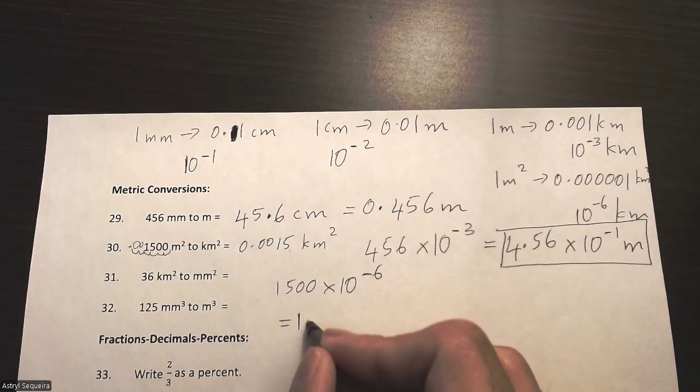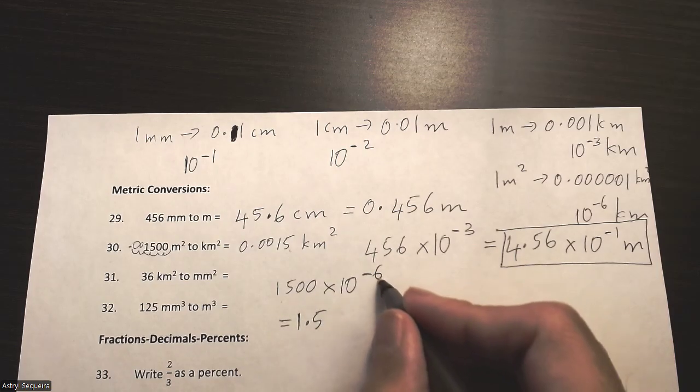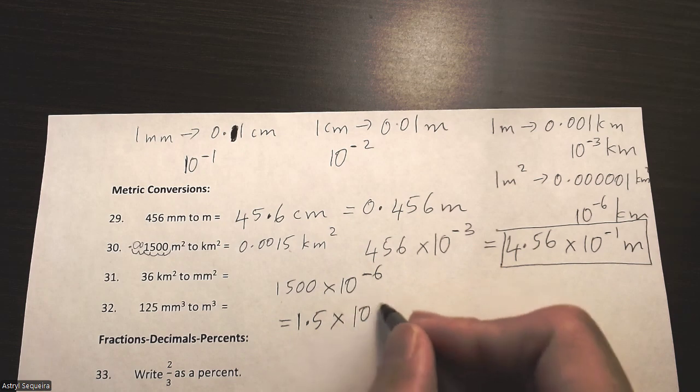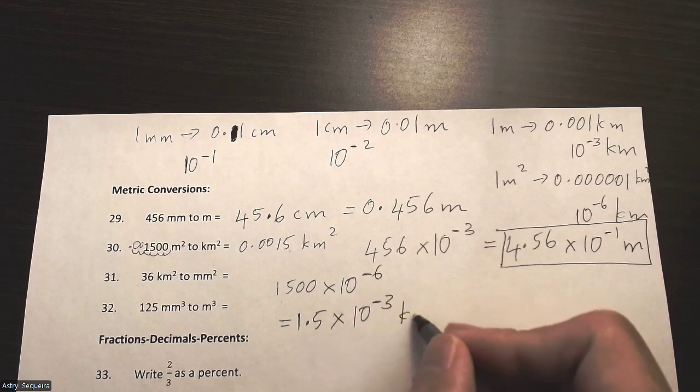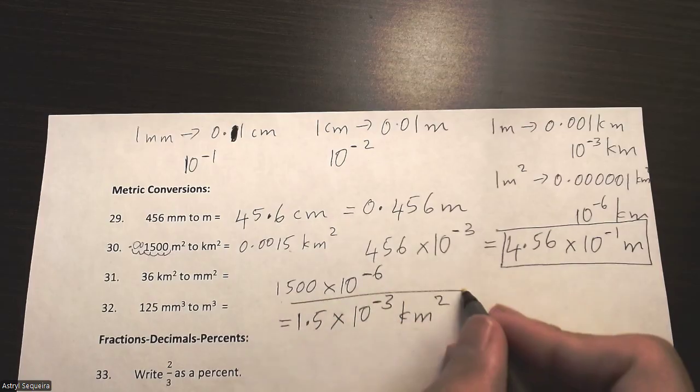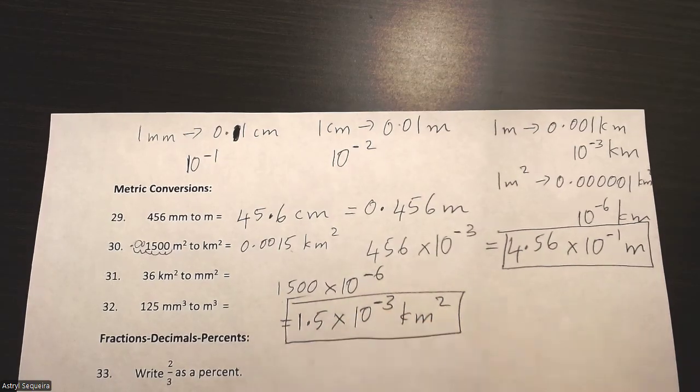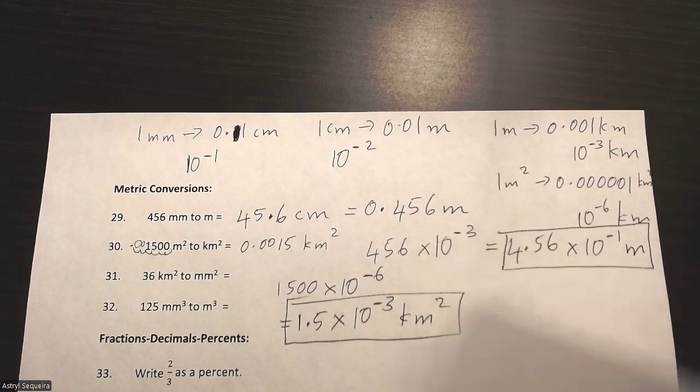So the number becomes 1.5, and I increase the exponent by 3, giving 1.5 times 10 to the negative 3 km squared. That's my final solution for the second one. Third one over here, I'm going to do it on paper so that I have a bit more space.